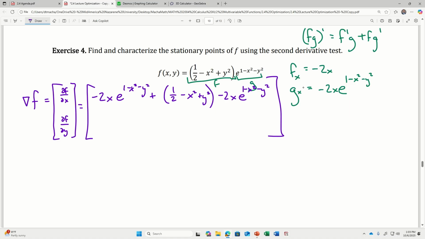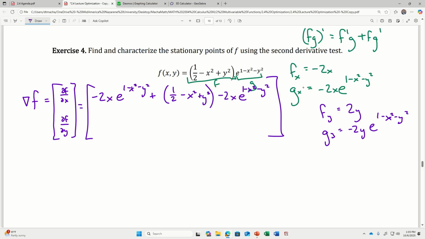Okay, and then the same thing, but with the partial with respect to y. I'm still thinking about the product rule, so we've got to work through this carefully.